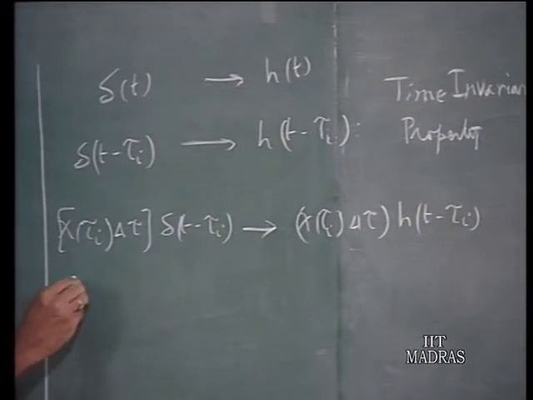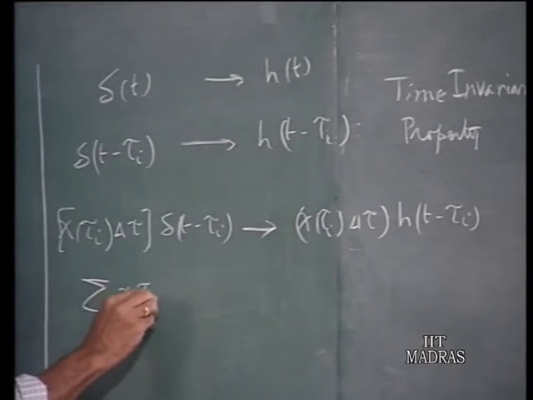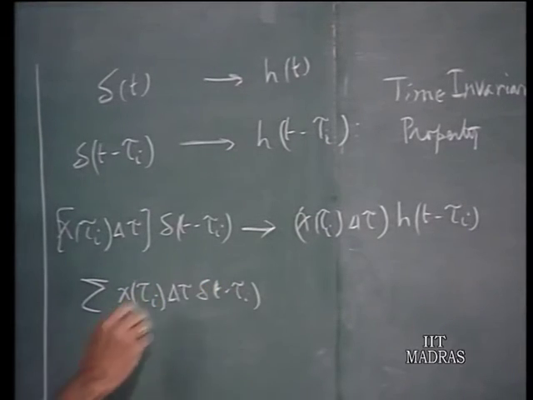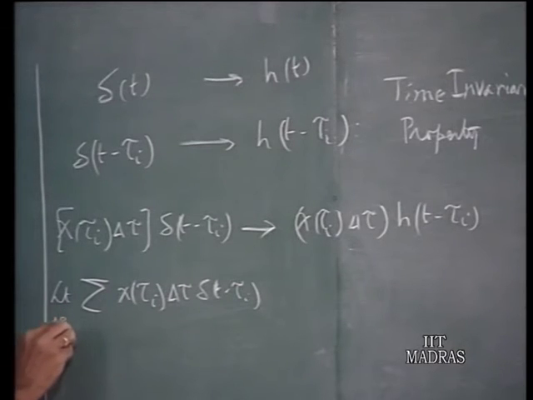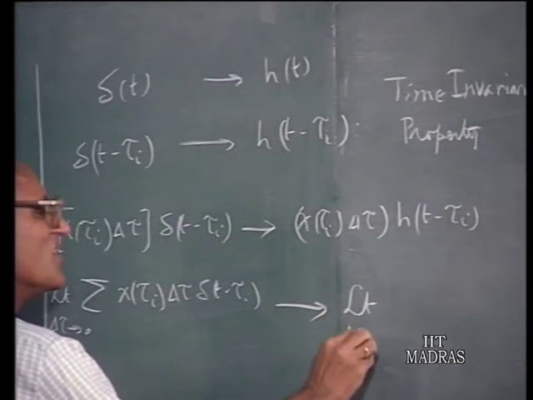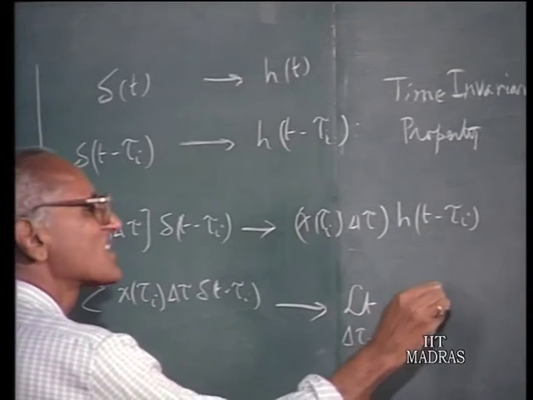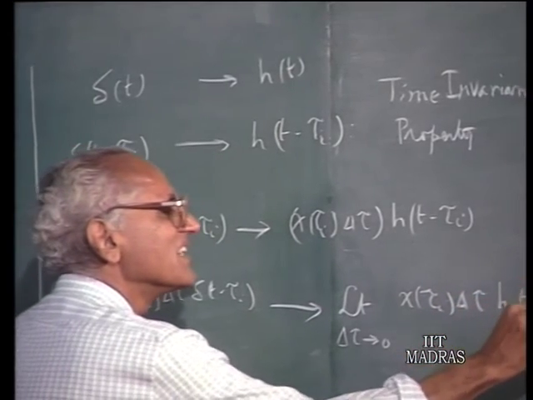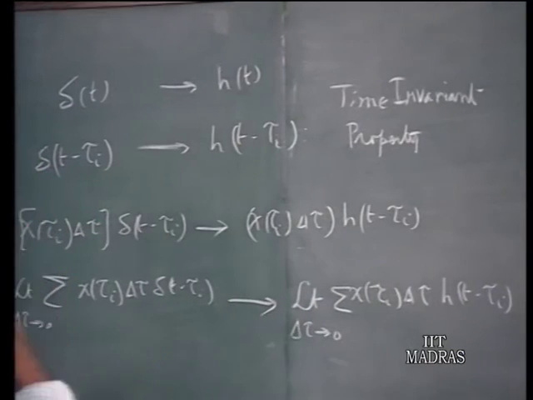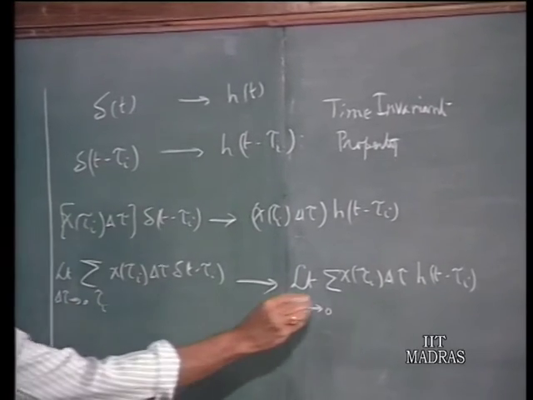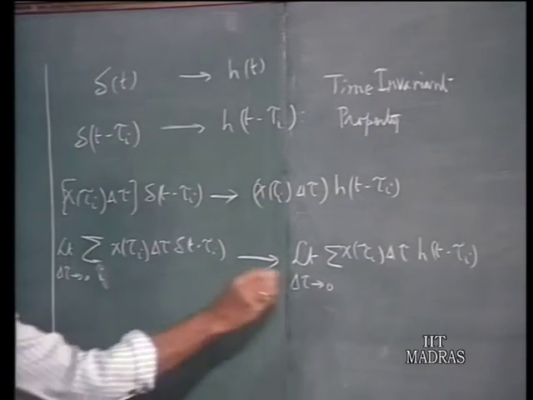And now here we have a summation of all such things, x tau I delta tau delta t minus tau I, summation as limit delta tau goes to 0, that is your x of t, and that must correspondingly give me the limit as delta tau goes to 0 of the summation over i of x tau I delta tau h of t minus tau I. Not one such response, but a number of such responses summed over various i's.